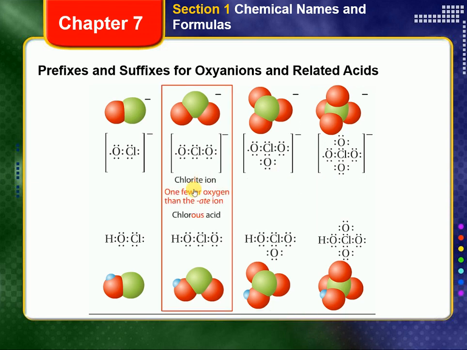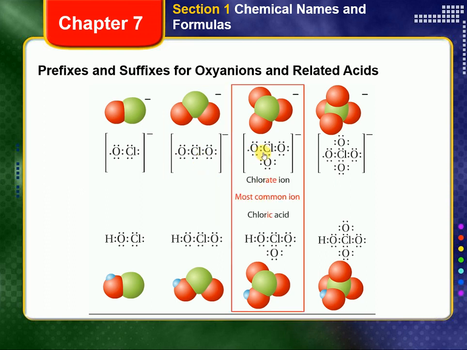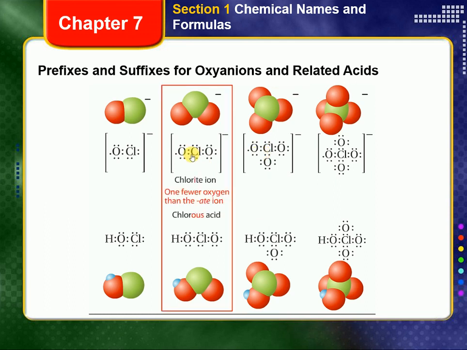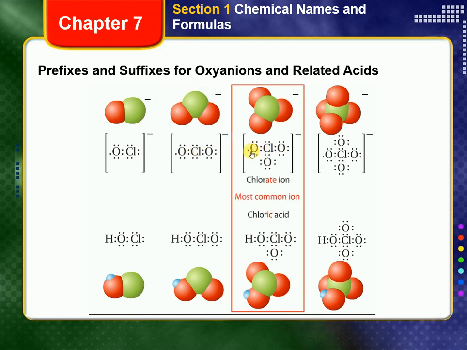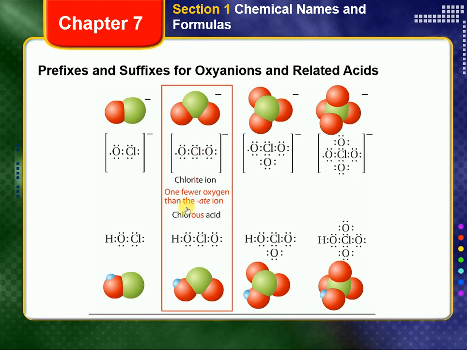But if we go the other way, instead of adding oxygens, if we have them go away, notice here we only have 2 oxygens. This is the chlorite ion. The ITE indicates one fewer oxygen than the ATE ion. So this isn't ClO3, this is ClO2.